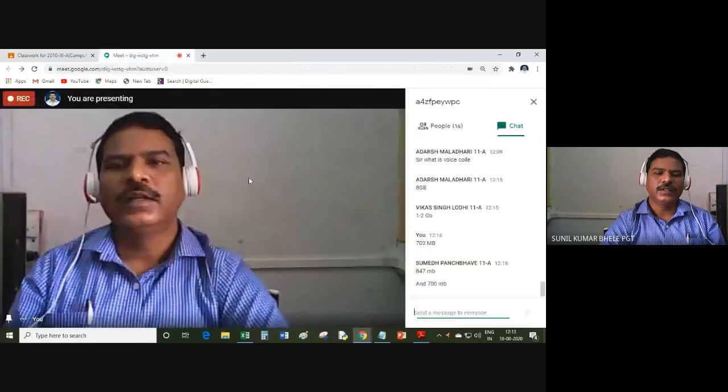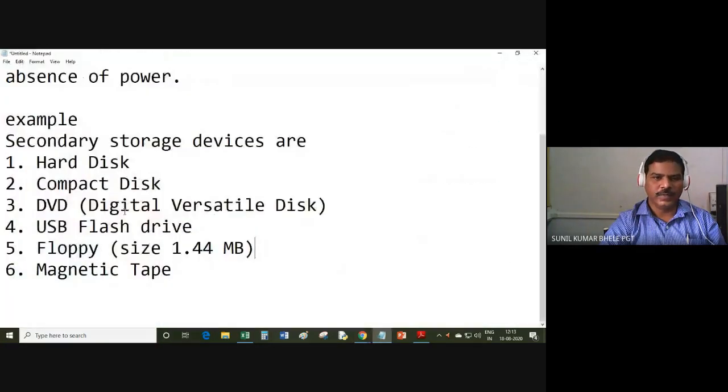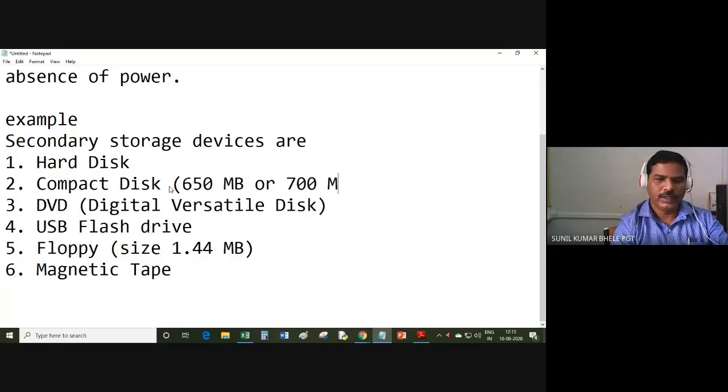Earlier, the CD came in two sizes. You can write here: compact disc 650 megabyte or 700 megabyte. And then DVD is of 4.7 GB or 8.5 GB.